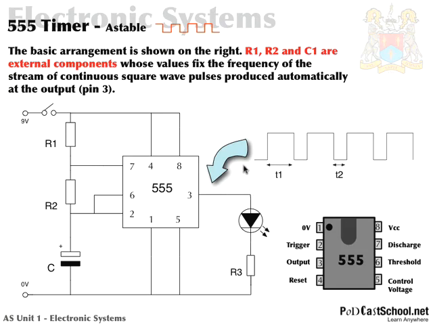We've got two times this time: a time called T1 and also a time called T2. T1 is the time where the output is high, you can see that there, and T2 is the time where it is low, and we can change those. Sometimes you may want T1 to be very large with respect to T2, or perhaps the other way around, but we can change both with this circuit.